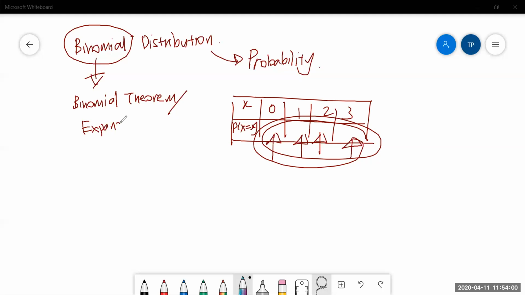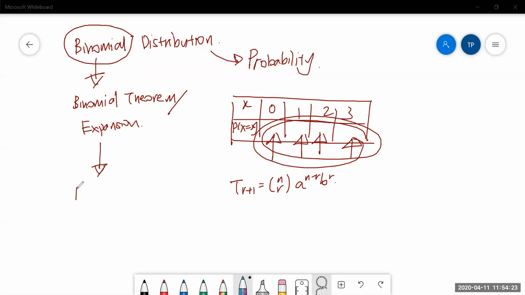Do you remember this? We also learned just a few months back on binomial theorem. Remember this thing, T_(r+1) equals n choose r a^(n-r) b^r, right? We learned about this. But where did this binomial theorem or expansion come about?